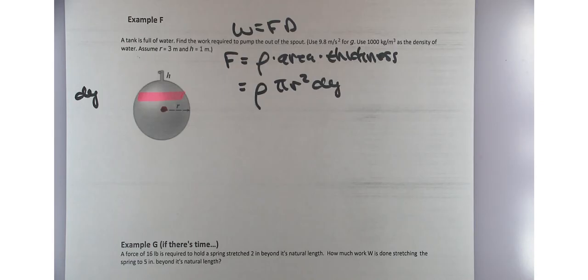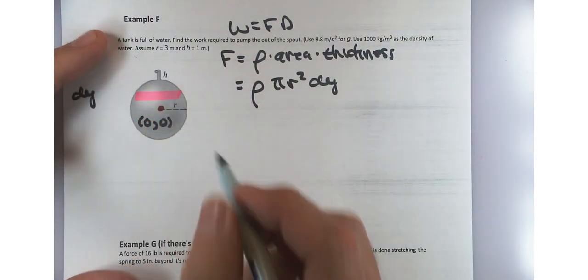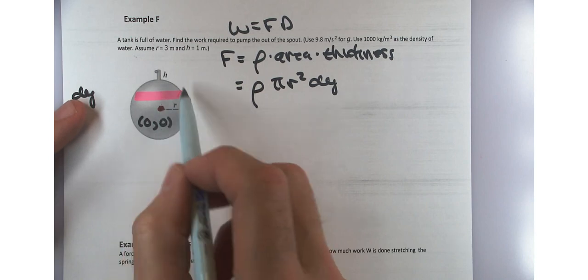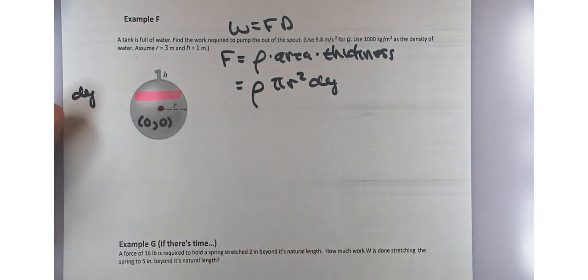Where is it convenient to put the origin in this problem? Yeah, right there in the middle. So that's going to be coordinates of 0, 0. And the radius of this tank is 3. So that gives us an equation of the circumference of that tank.